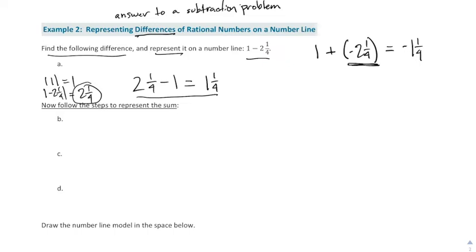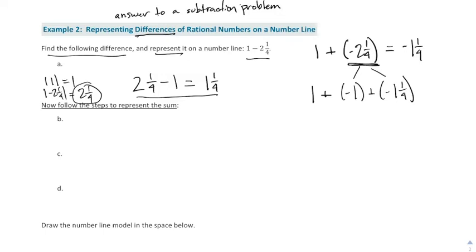The way I like to personally think about these, once I have 1 plus negative 2 1/4, is to actually break those down. I usually do it mentally, but I'm effectively saying 1 plus negative 1 plus negative 1 1/4. I'm breaking negative 2 1/4 down into negative 1 and negative 1 1/4.